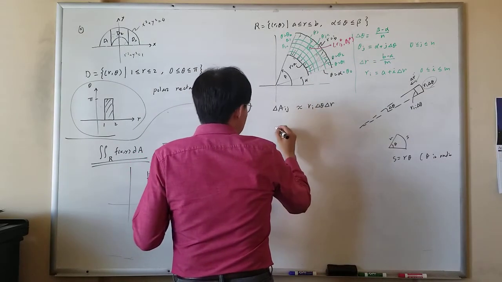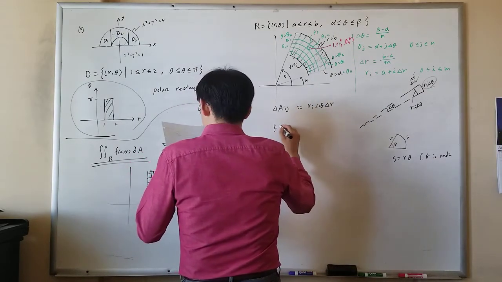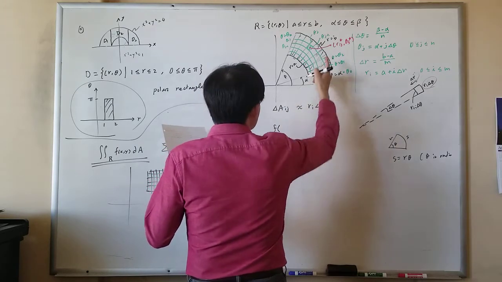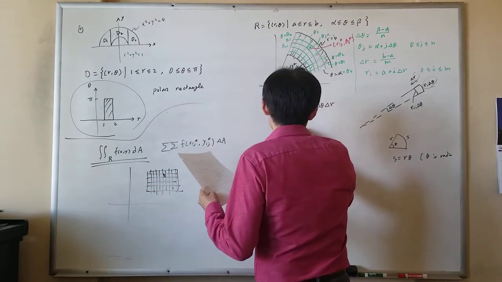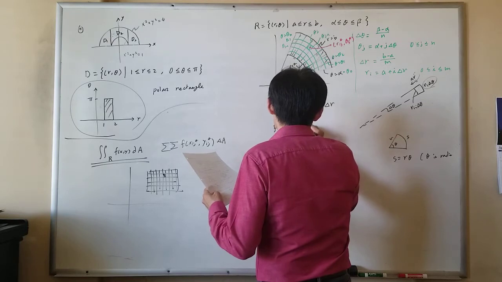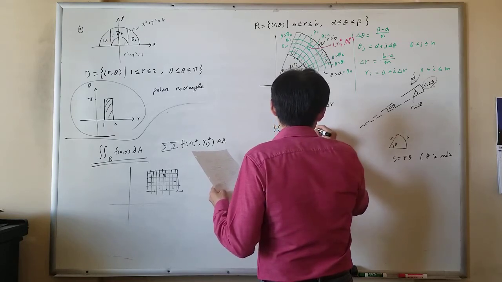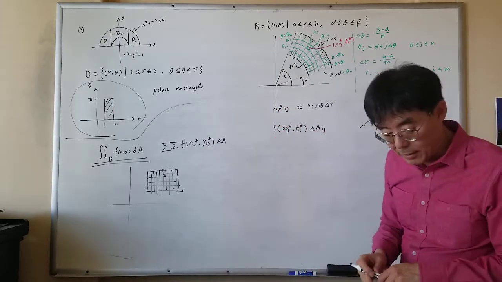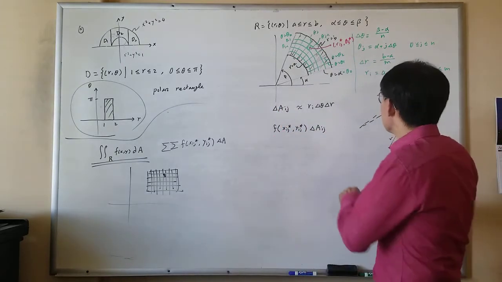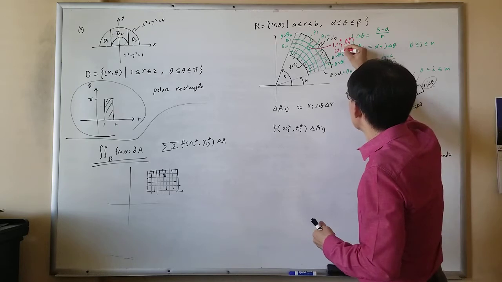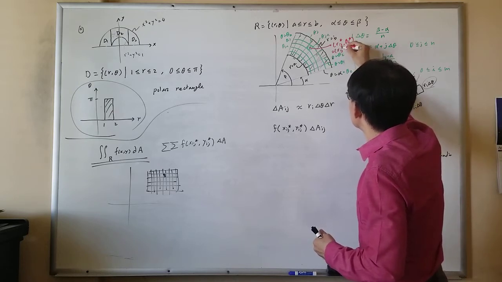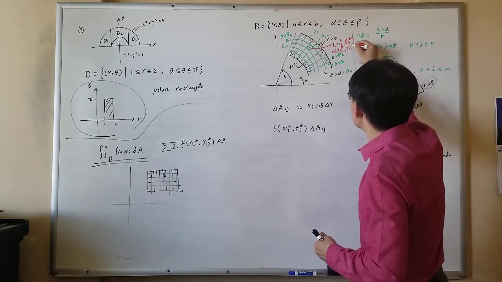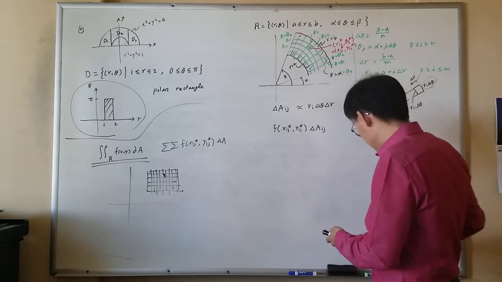You have to do this: the function value here, f of x ij star, y ij star, times delta A, the area of this. This is in polar coordinates, but in xy coordinates it has to be x ij star, y ij star. See?